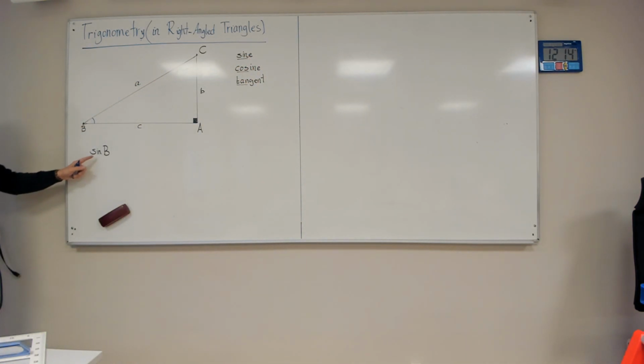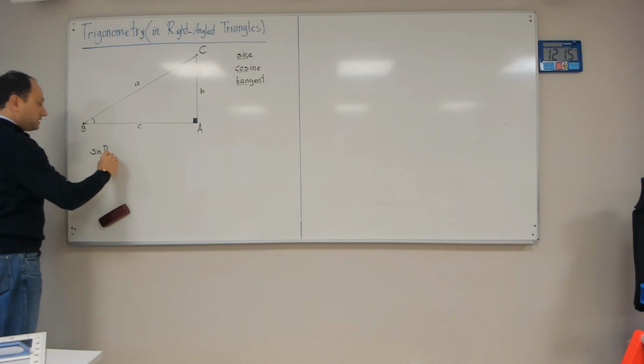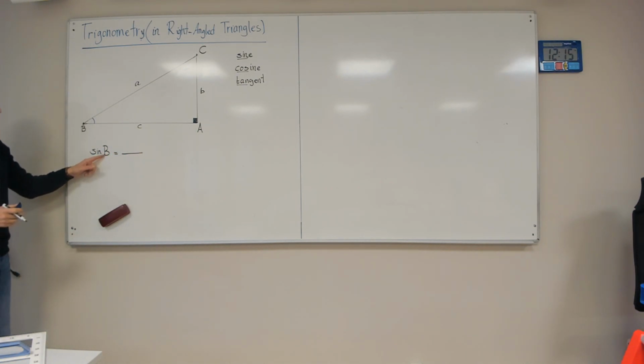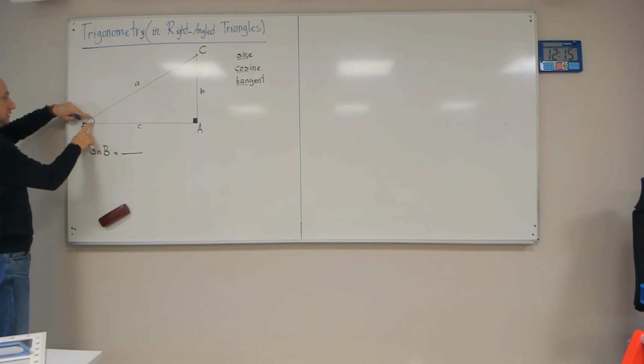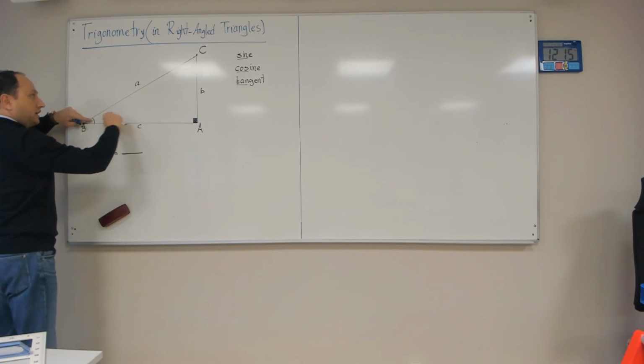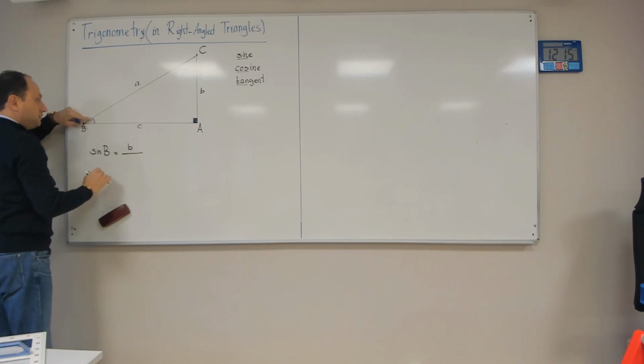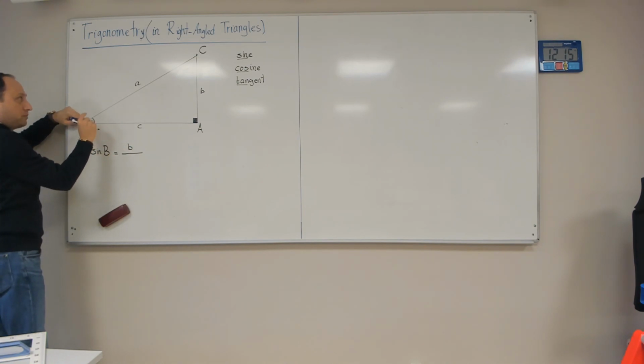Sine B is defined to be the opposite side to B divided by the hypotenuse. This is my angle. The opposite side to this is b, divided by the length of the hypotenuse.